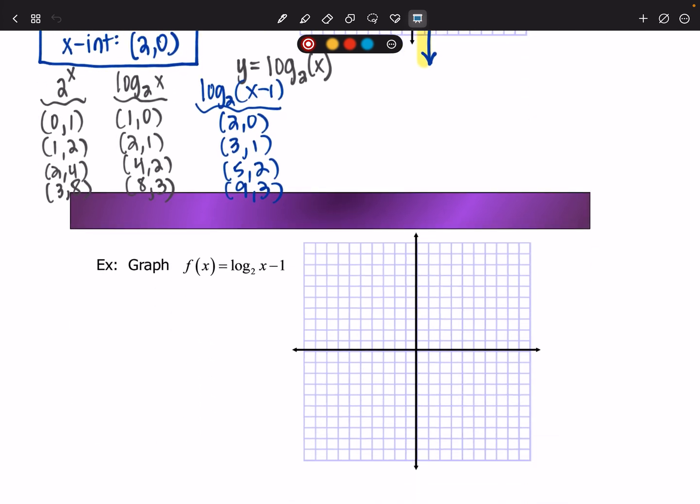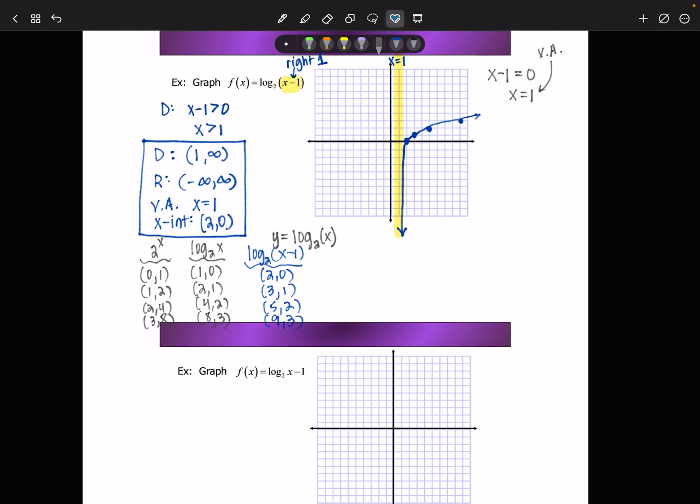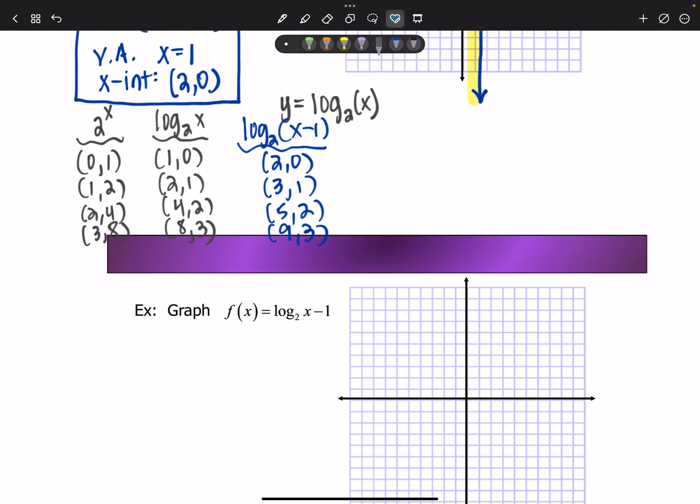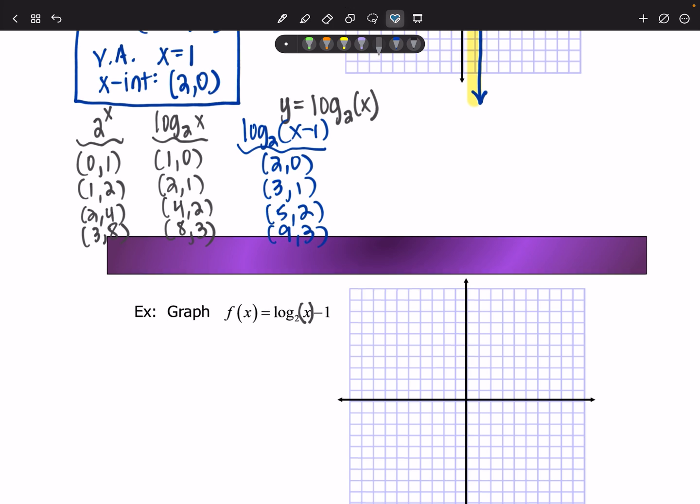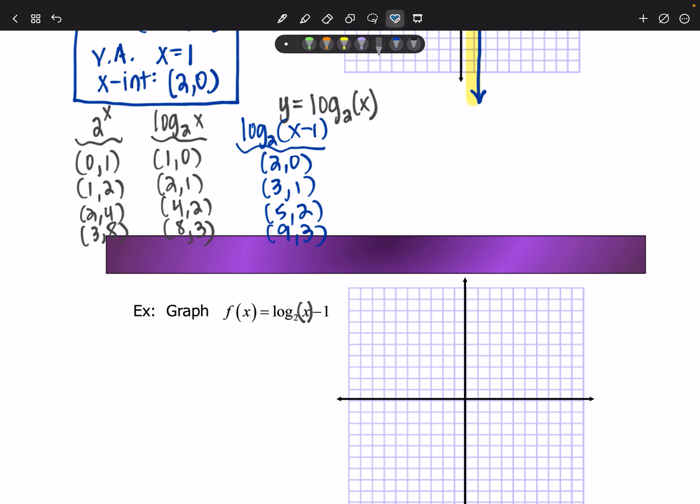Okay, you try this next one, and I'm going to give you a hint. On this next one, it looks very similar to the one before it, except on this one, there are no parentheses. I normally like to put parentheses, and the only thing I can put parentheses around right now is the x. If it intended for the -1 to be part of the argument, it would have used parentheses like the previous problem.